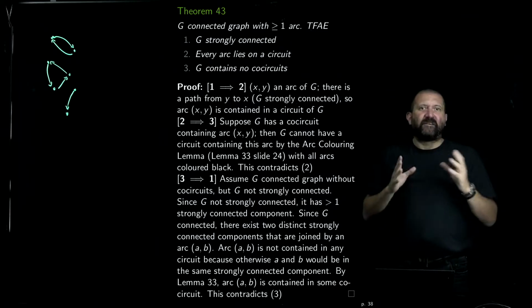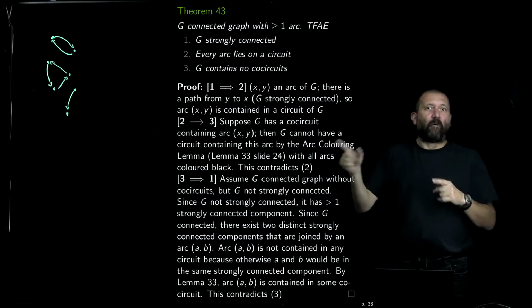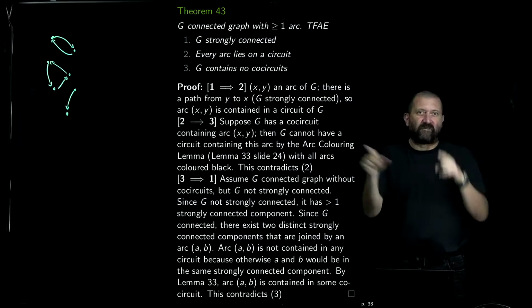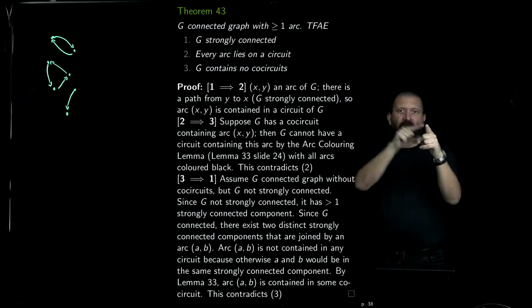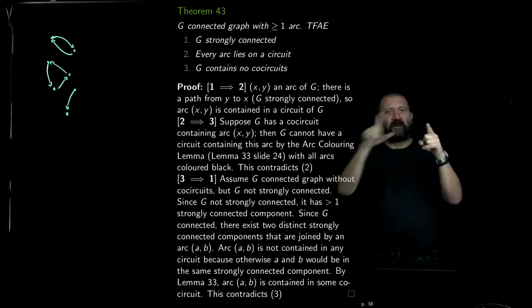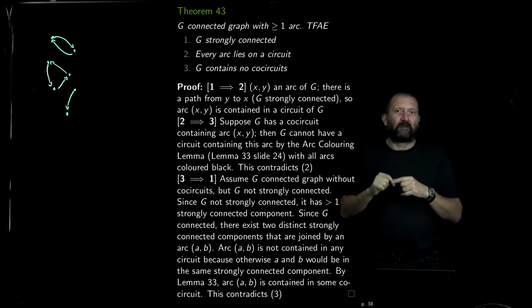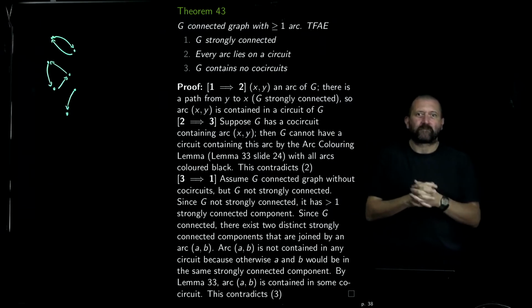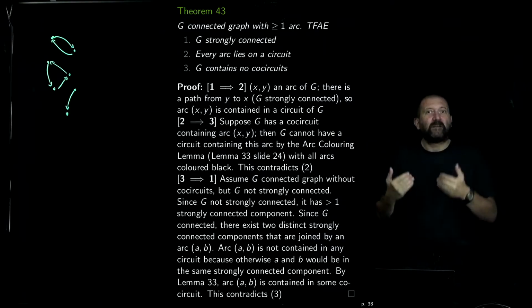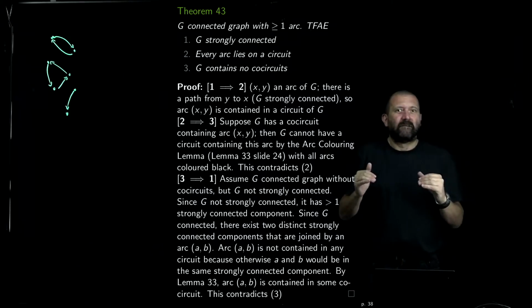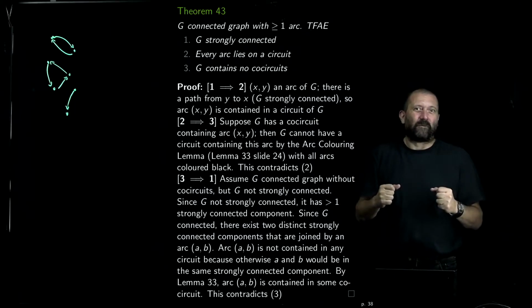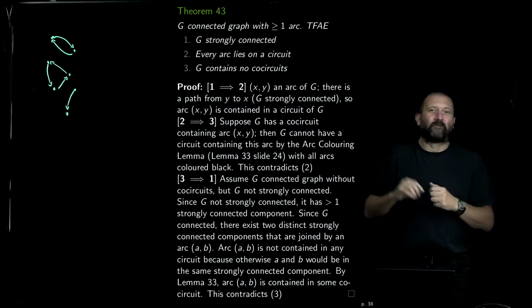Because G is strongly connected, there's also a path from Y to X. Because I can go from X to Y and it's strongly connected, that equivalence relation has to hold. I have to be able to find a path back to X from Y. So every arc XY is a member of a circuit, and we're done for 1 to 2.